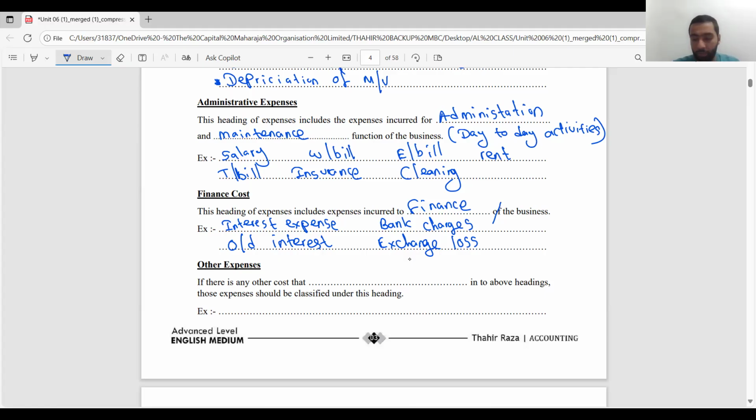Right? Okay. Anyone here knows what is exchange loss? I was waiting for someone to ask. What is exchange loss? In finance cost, Ashini, Arva, Siana, Lakshini, what is exchange loss? Do you all know? If you all know, tell me what it is. If you all don't know, no problem. Tell me, at least tell me, sir, I don't know. I've never heard.